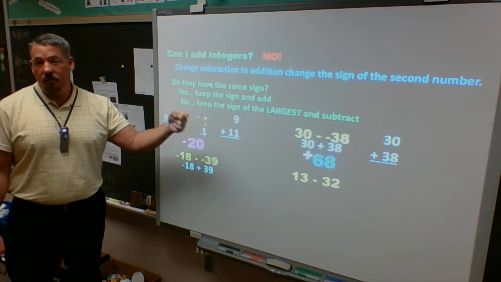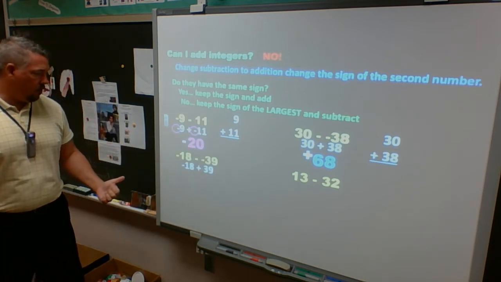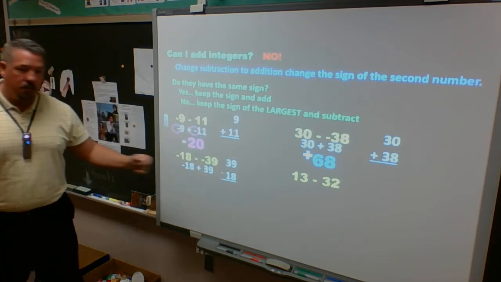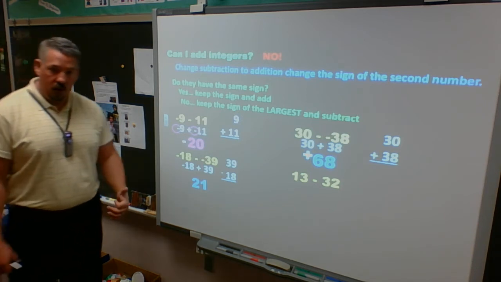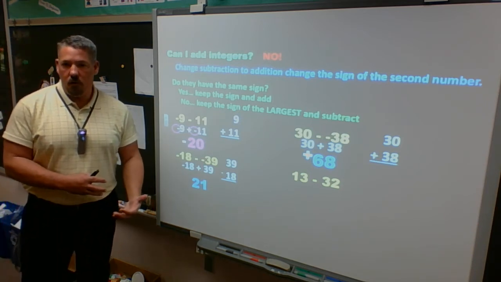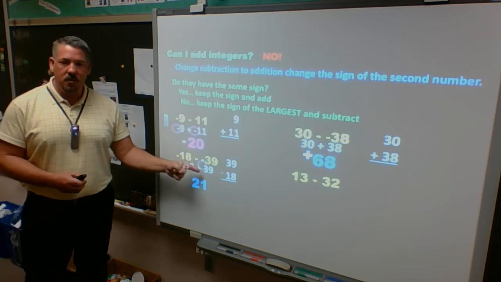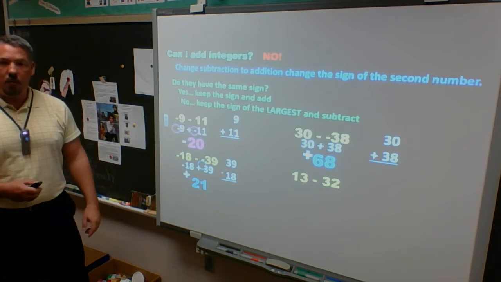So I know I'm going to have to mathematically subtract and then keep the sign of the largest number. So I'm going to take my 39, because it's the largest, on top, minus my 18. And when I subtract those, I get 21. Well, what kind of 21? When I look at my signs, I have a negative and a positive, and the positive is going to be my largest value. So I know that 21 is going to be a positive answer.